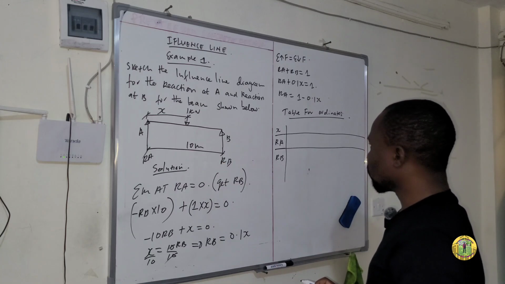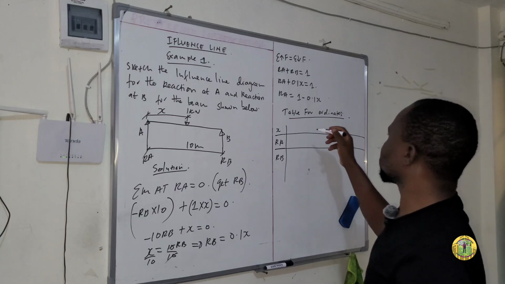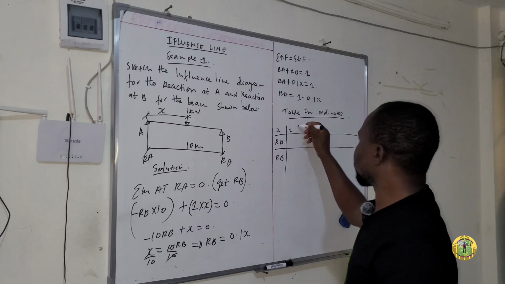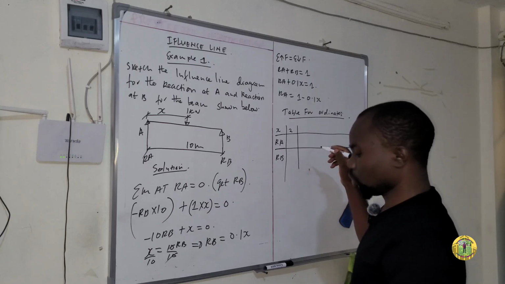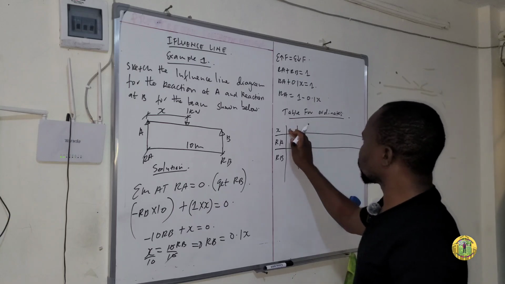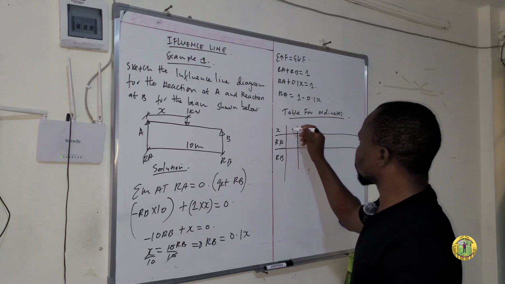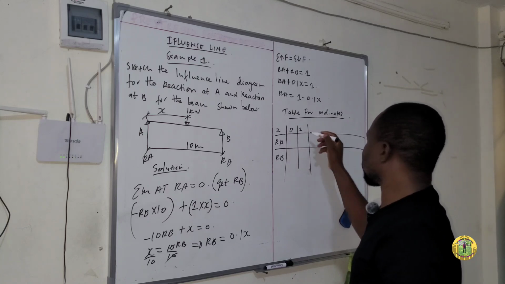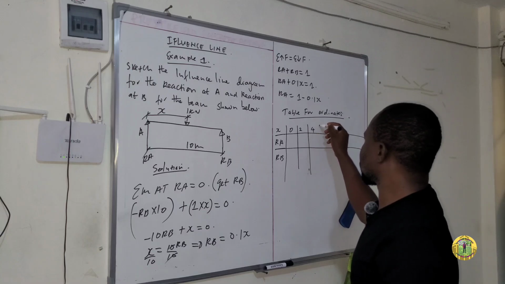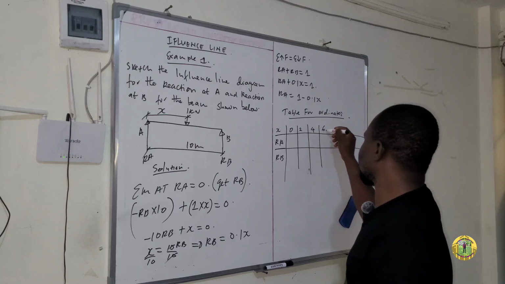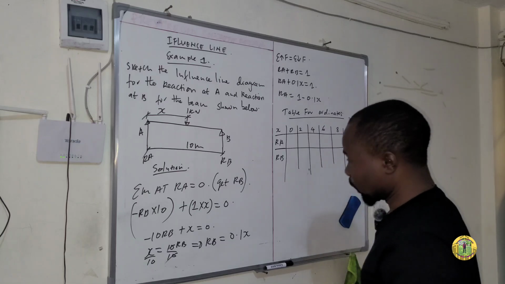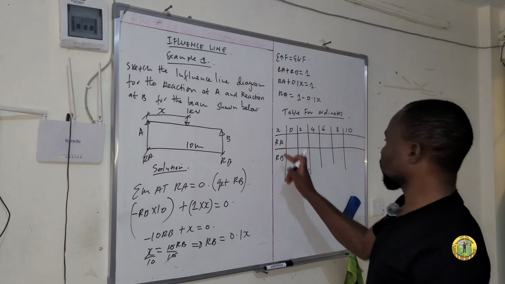For example, you can use a span of 2, 2, 2, 2. So you'll have 2, then another 2. You start from 0, and then 2, plus 2, 4, then 6, then 8, then 10, like that. And then you'll come to RA.